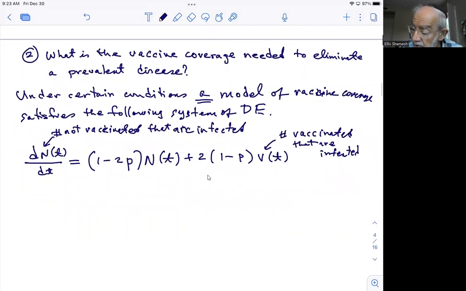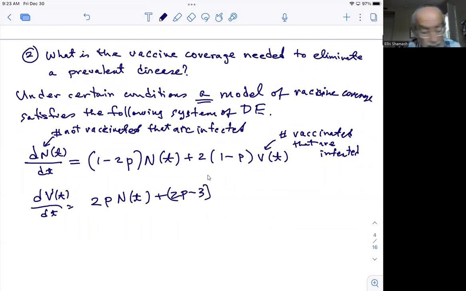And we get another differential equation relating to the vaccinated people, having the two terms, but now having a different constant in front of them, plus 2p minus 3 v of t.